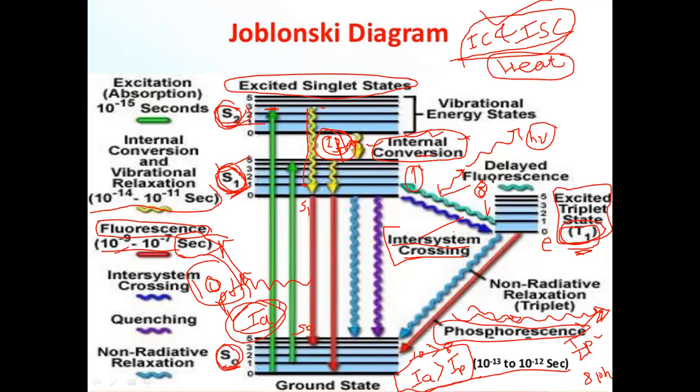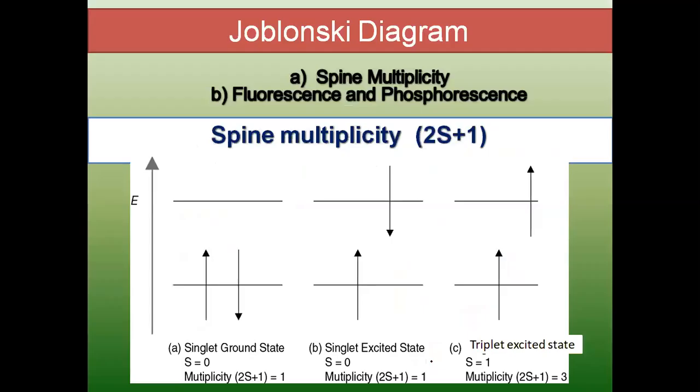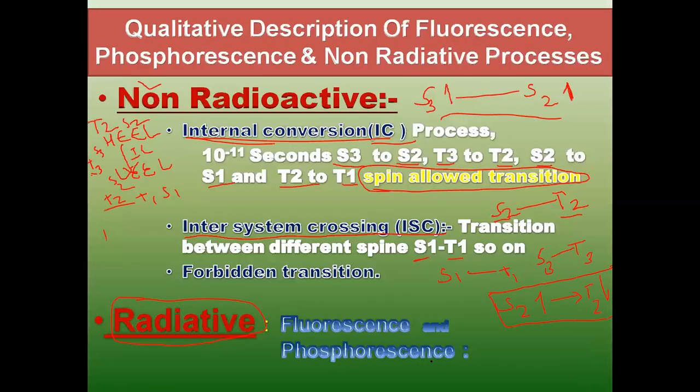So the intensity of this phosphorescence, the energy intensity of that phosphorescence, is reduced as compared to the intensity of absorption of light. Is that clear? Okay. So now these are the radiative processes. There are two concepts here, fluorescence and phosphorescence.